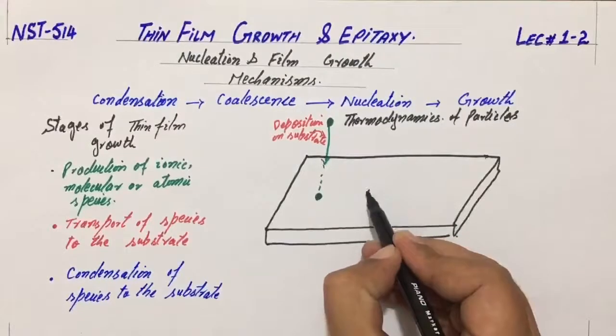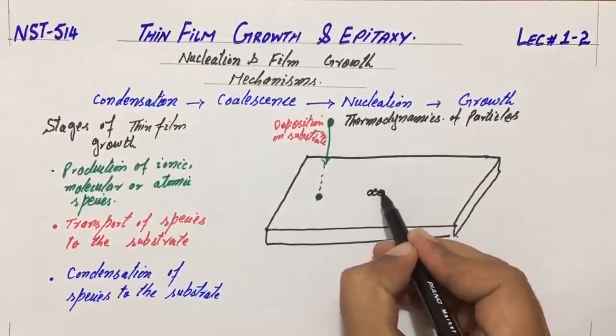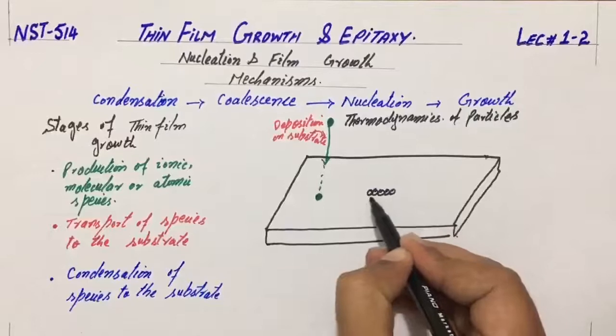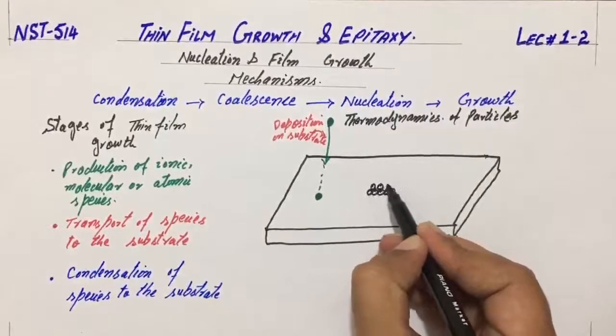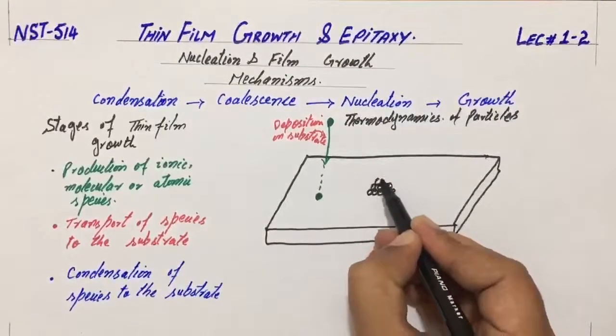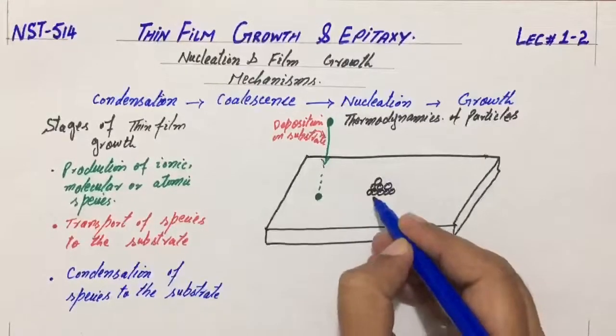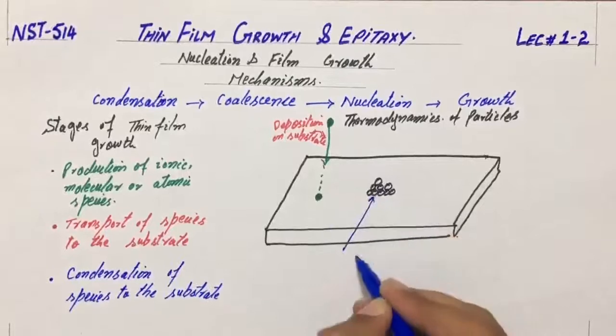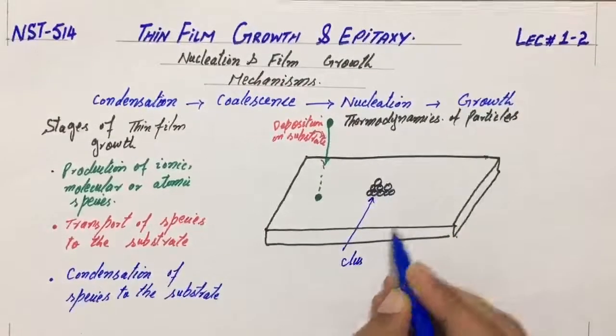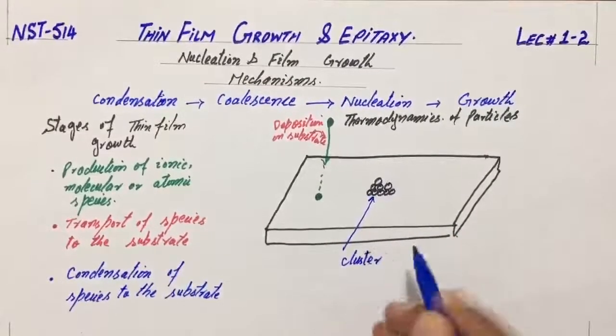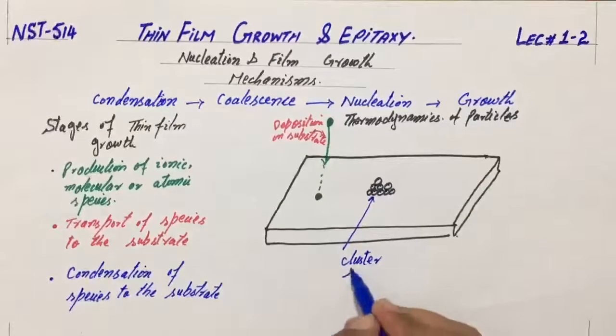So clusters are like this, the atoms are joined together and formed the cluster. So this one is the cluster formation. After coalescence, the atoms form the cluster.